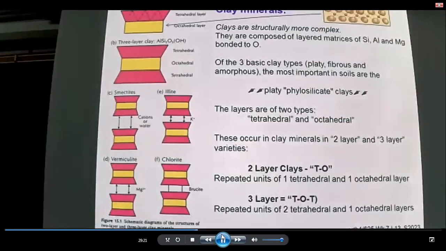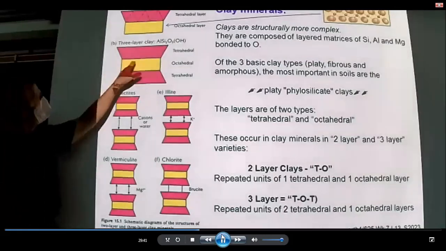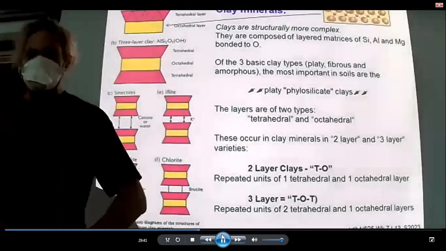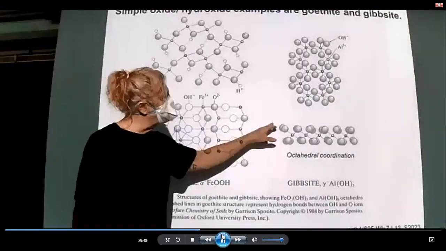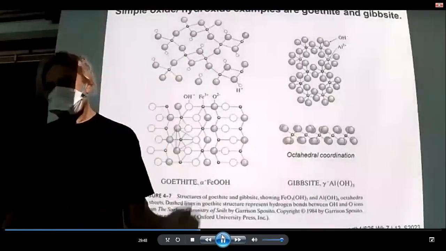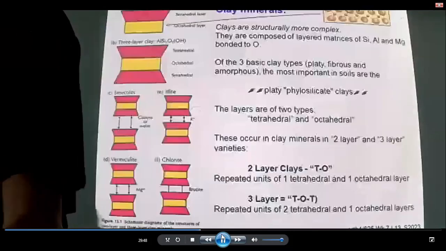So clays can come with one tetrahedral layer and one octahedral layer, which we call a TO or 2-layer clay. And that's the thing shown at the very top left of the diagram. Or a clay can be a three-layer clay, in which case we call it a TOT, which means it has both the octahedral layer that I'm pointing to there and two of those tetrahedral layers.